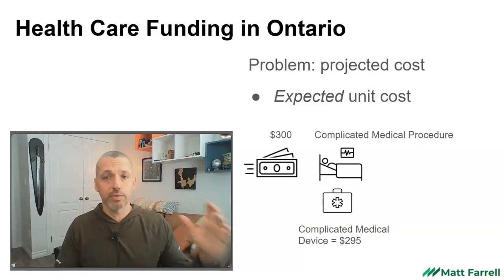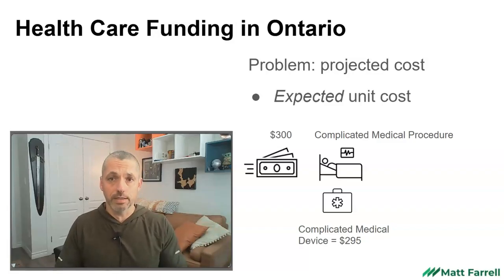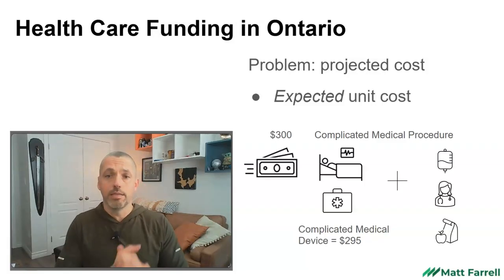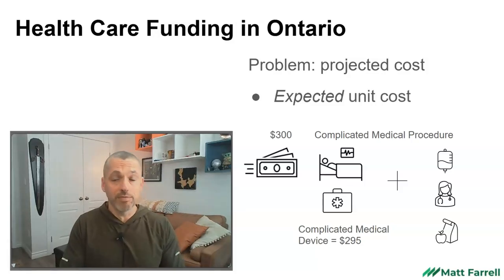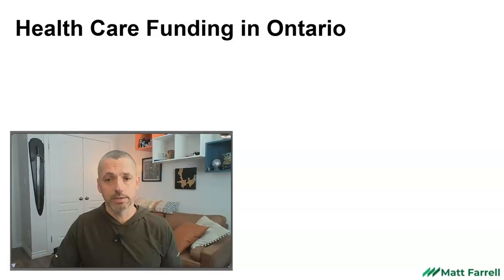So of that $300 coming from the province, almost all of that is getting eaten up by the cost of one of the devices used in the procedure. It doesn't account for the healthcare professionals to deliver care, the medical supplies, even feeding the patient. All those things would have to be absorbed by the hospital. The provincial funding was not enough to cover that cost.